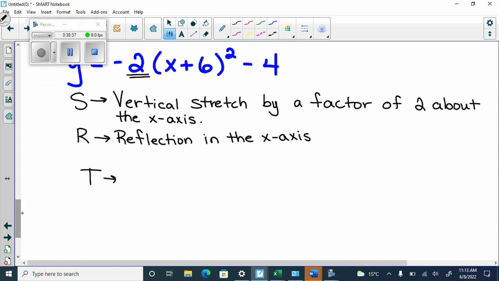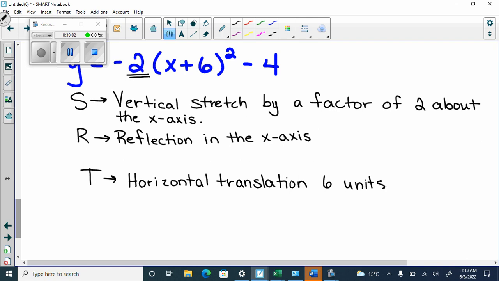And I have to do it in stretch, reflect, translate order because stretches and reflects multiply and translations add and subtract. So it's just because of order of operations. Now, what does the x plus 6 do? Horizontal translation. Six units what?